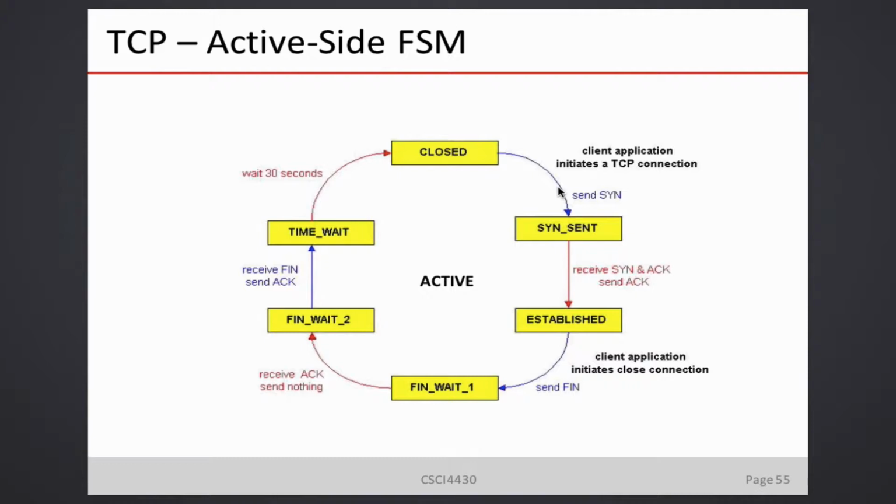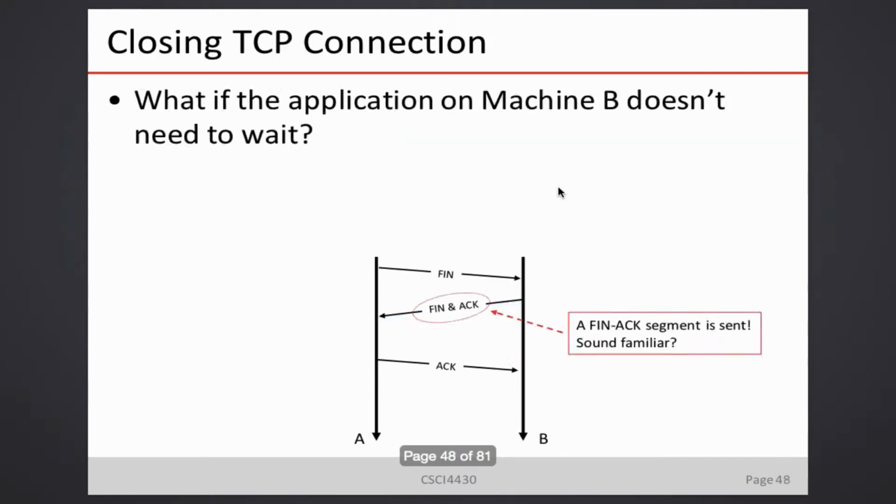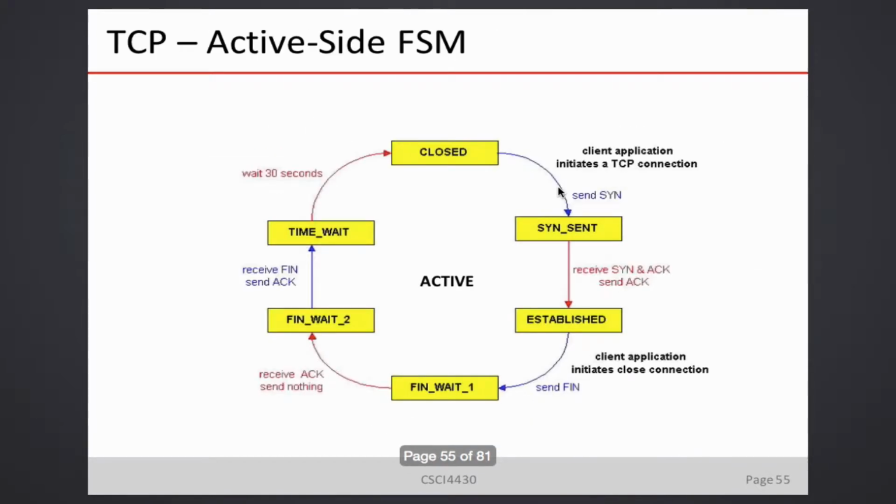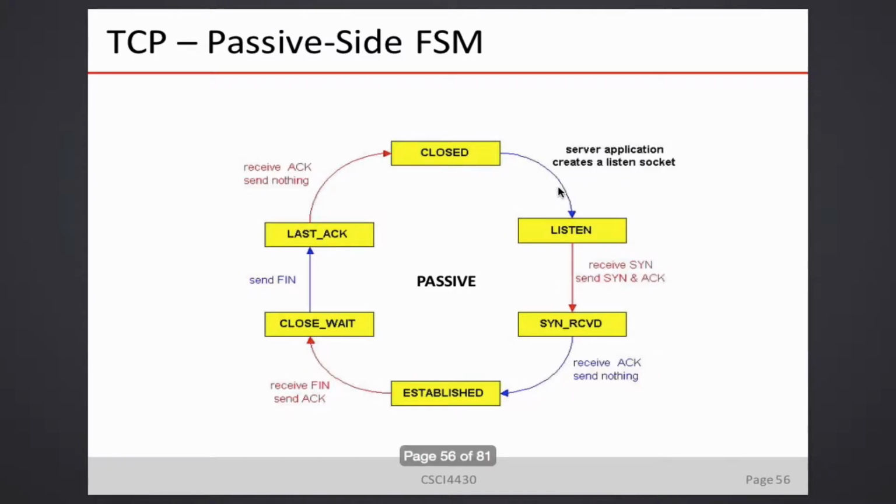What is that phase? No one remembers? It's this waiting period. I enter this waiting period and wait for the third message to come. When the third message comes in, I will enter the TIME_WAIT state. So this is the active side, and this is the passive side.